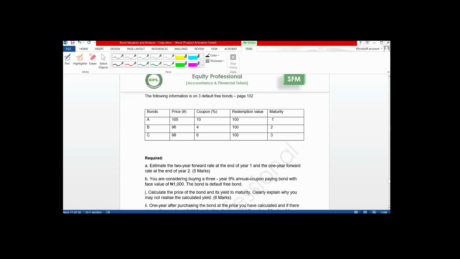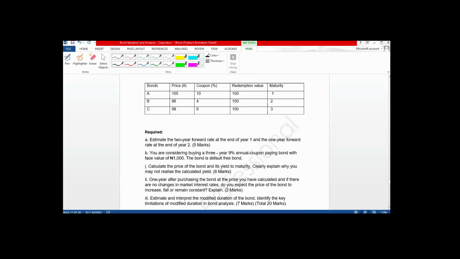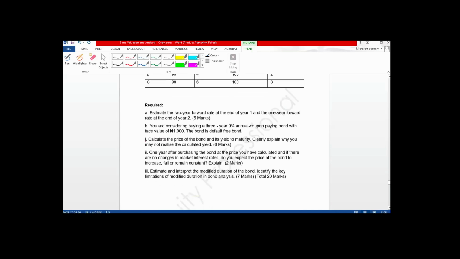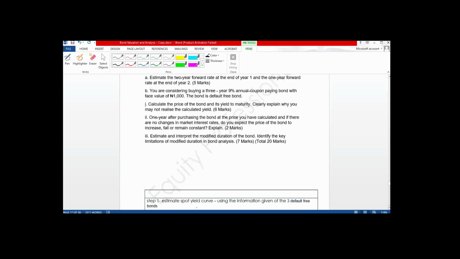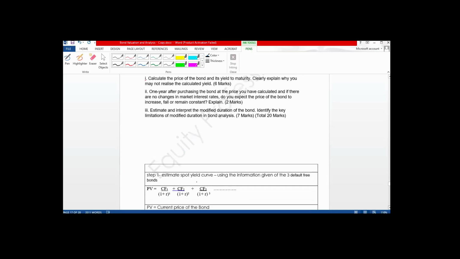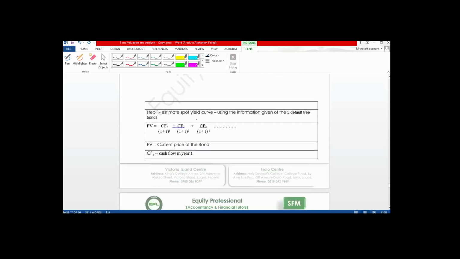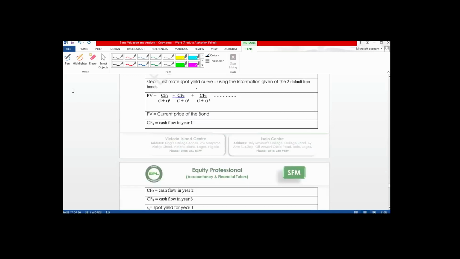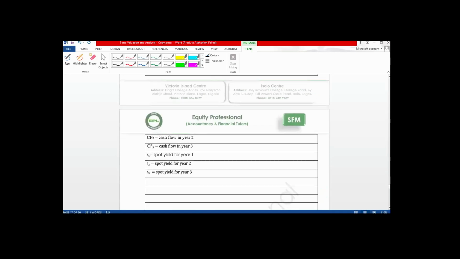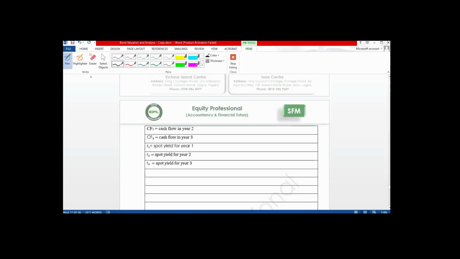Let us go to this. For those in class last week, we stated the formula for forward rates.